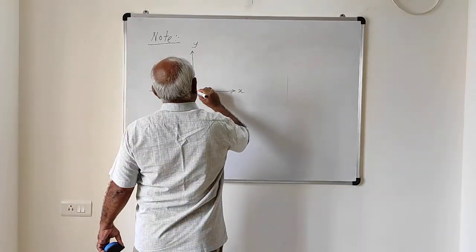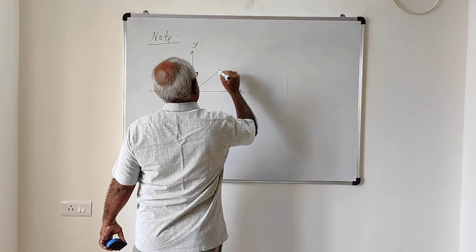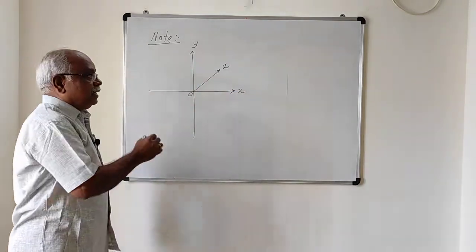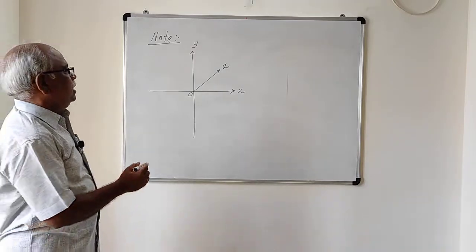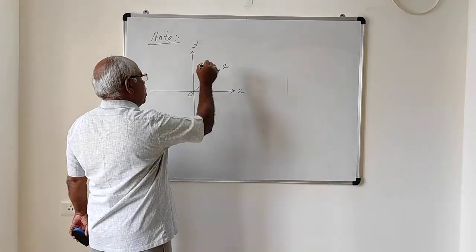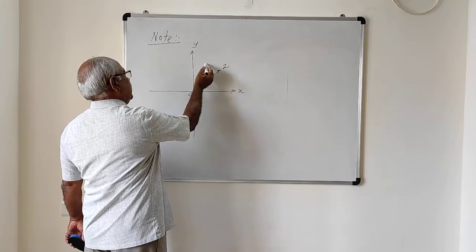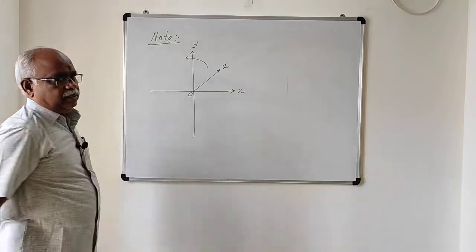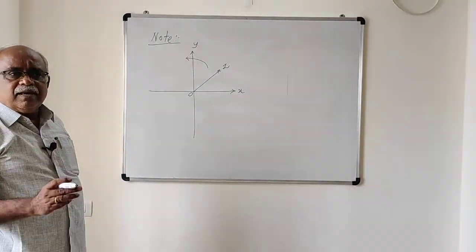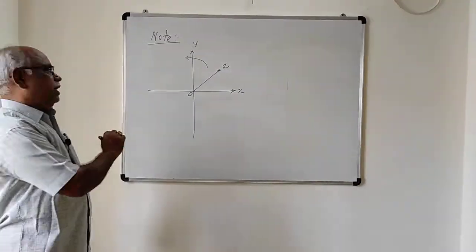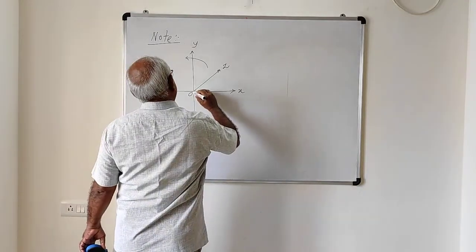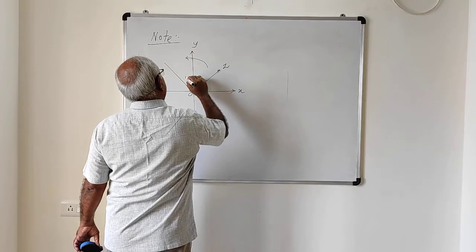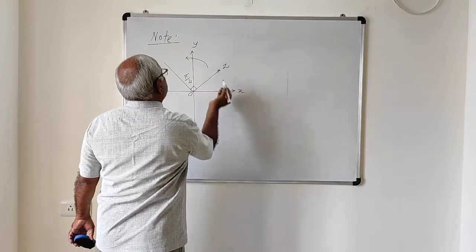Suppose this is the complex number Z. If Z is multiplied by the imaginary unit i, its geometrical meaning is that Z is rotated about the origin in the counterclockwise direction, otherwise called the anti-clockwise direction, through an angle of 90 degrees or pi by 2 radians.